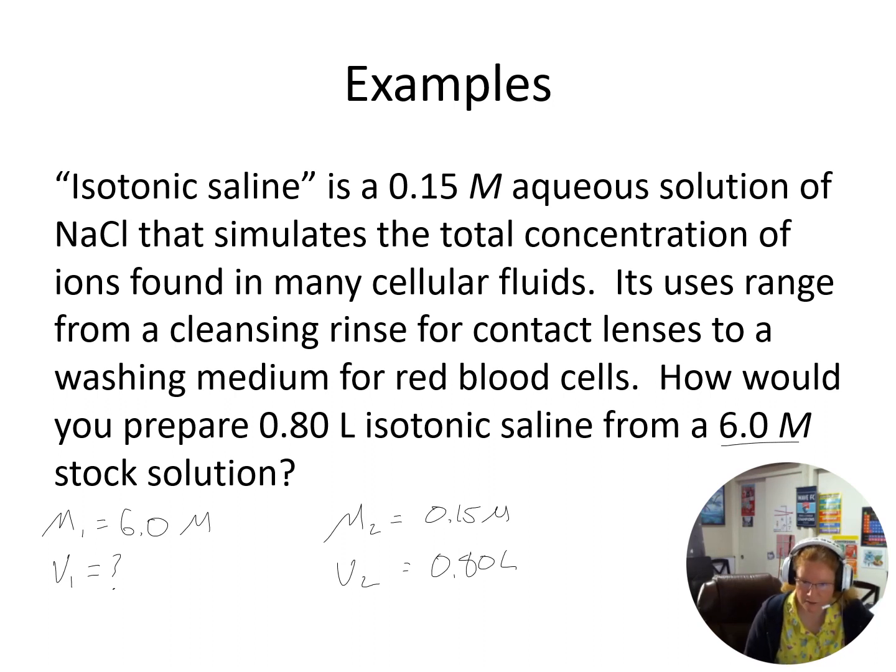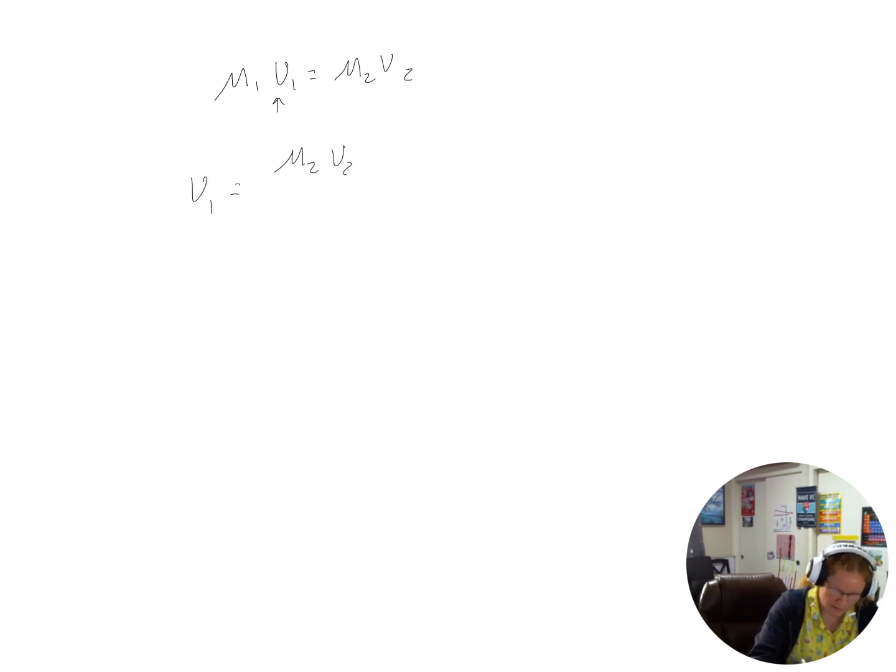I like to define those variables so I can keep them straight. So again, we have M1V1 equals M2V2, and here we're solving for V1. How much of that stock solution do we need? So V1 is equal to M2V2 over M1.